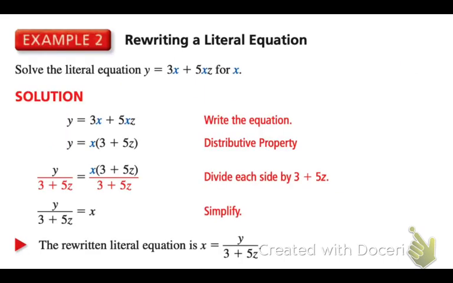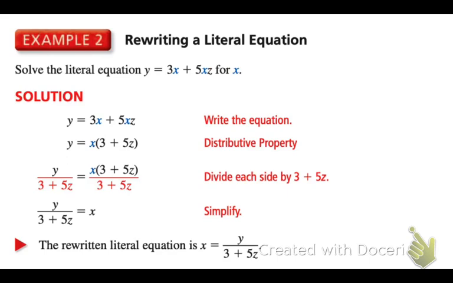Sometimes they'll have you solve for a different variable, and there's lots of variables in this equation. You have x, you have y, and you have z. Since we are solving for x in this case, the easiest thing is to reverse the distributive property, also called factoring. You can tell that the highlighted blue x is a factor of the 3x term, and it's also a factor of the 5xz.